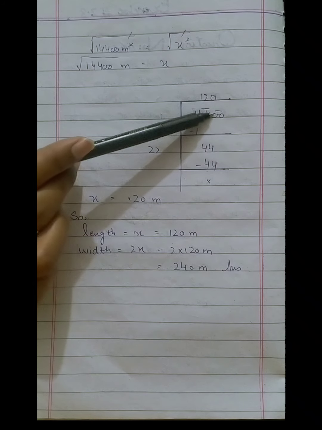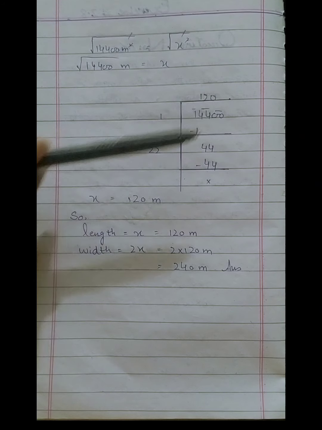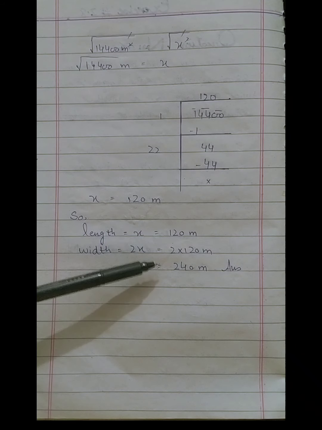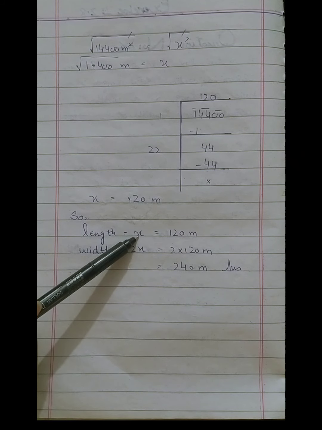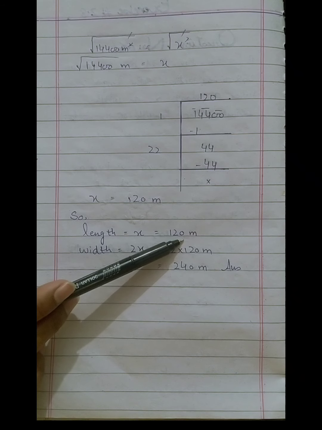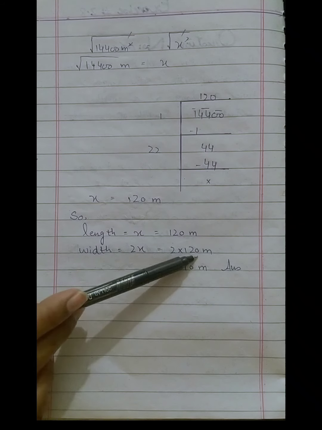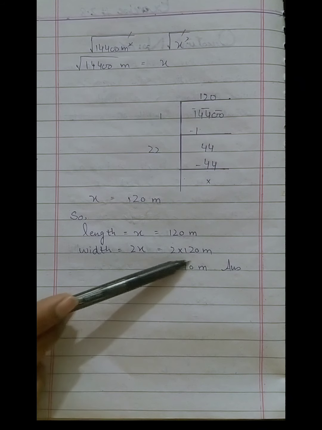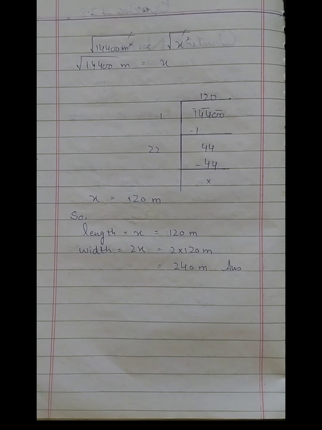So the zeros in pair we place as quotient. So 120 is the answer, and width we suppose is equal to x, so width is 120 and length is 2x, so multiply 2 with 120 and we get 240 which is the length. Okay students, Allah Hafiz.